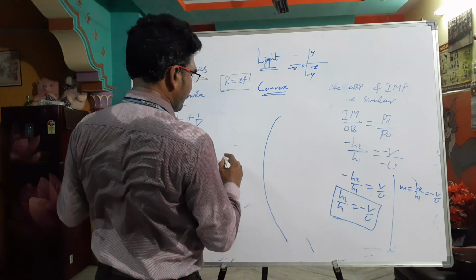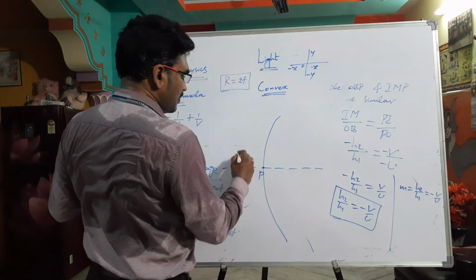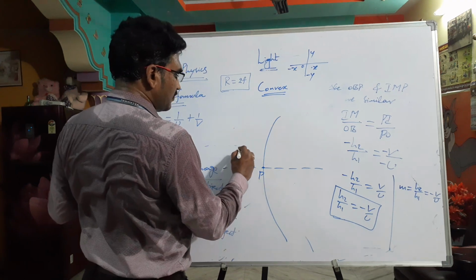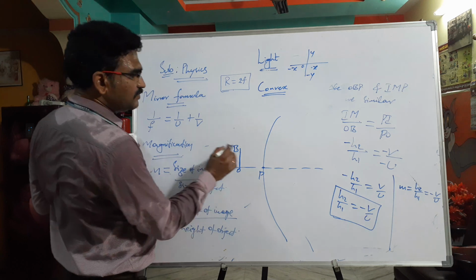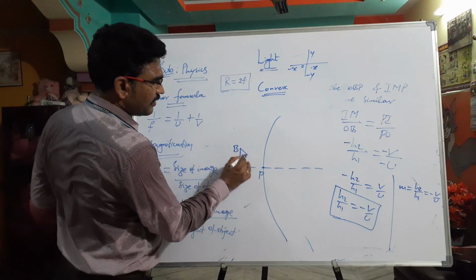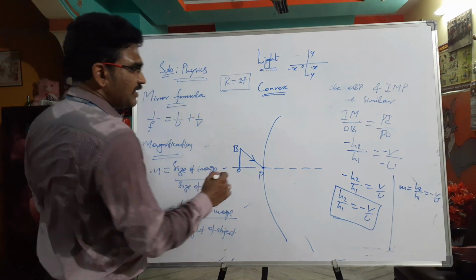This is the P, and here an object is there. OB is an object, one ray I have taken that is falling at P.